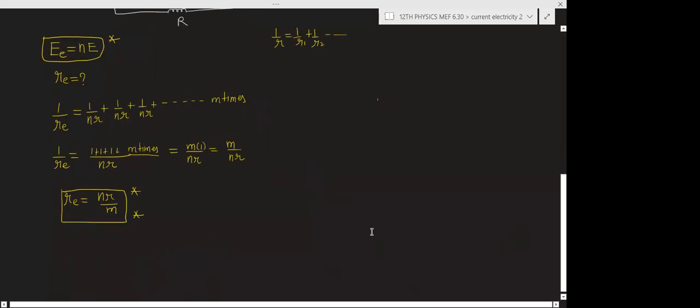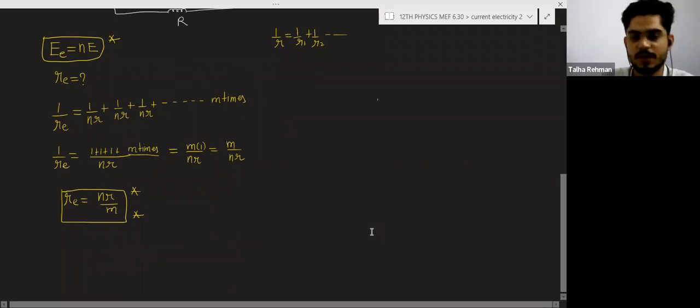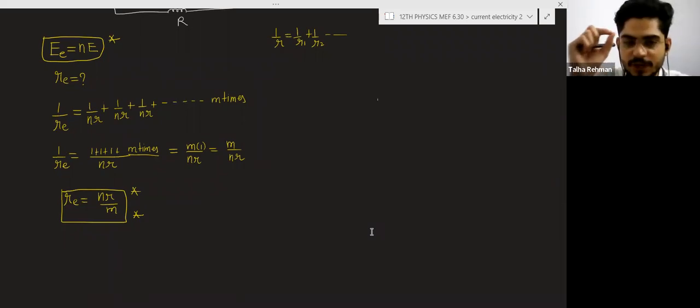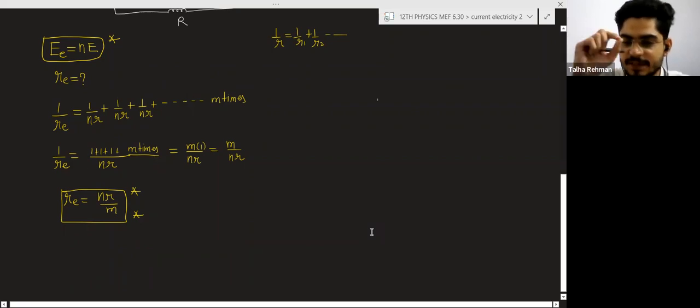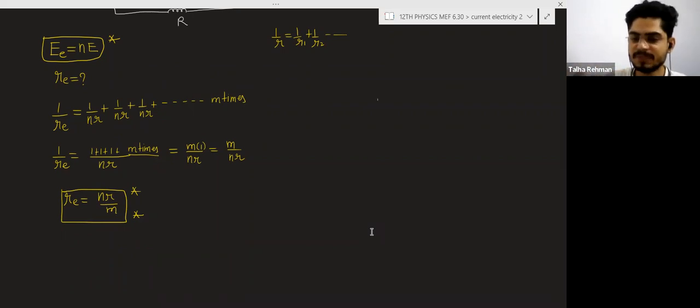Just note. Remember, if you are connecting n cells in series, and there are m such rows, then the equivalent internal resistance will be Re equals nr by m.